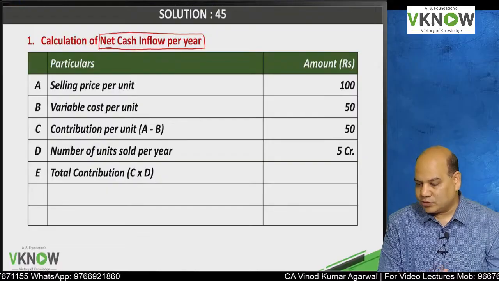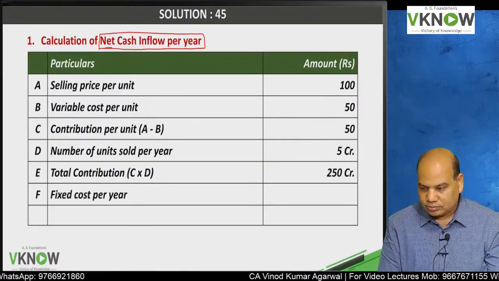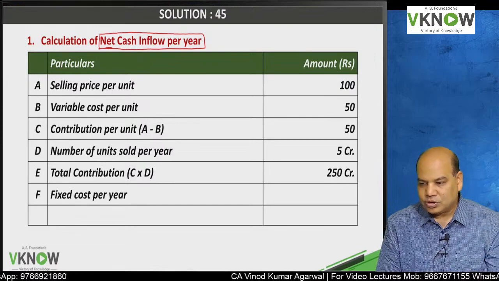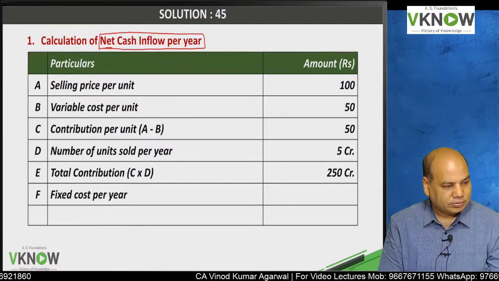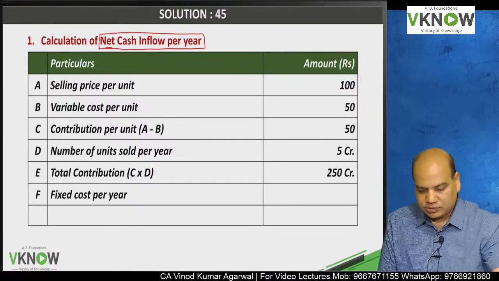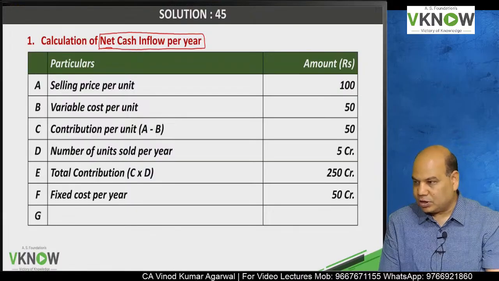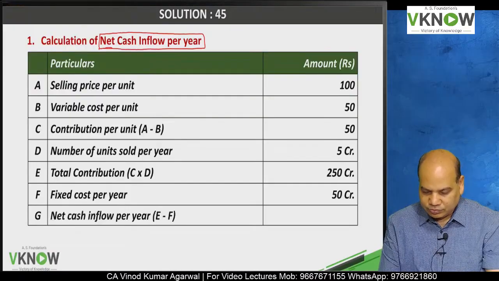Total contribution, C into D, is 250 crore. Less: fixed cost per year. How much is that fixed cost per year? 50 crore. Fixed cost per year 50 crore.